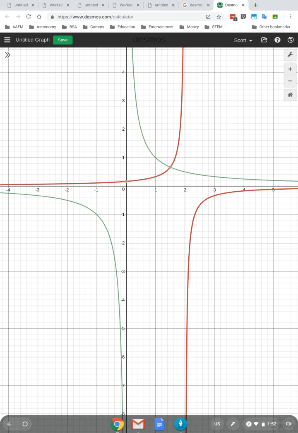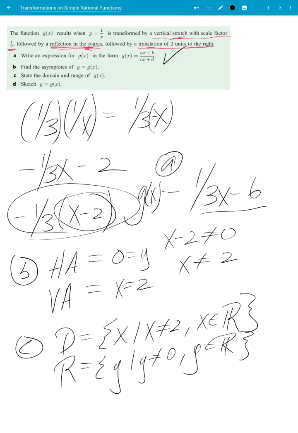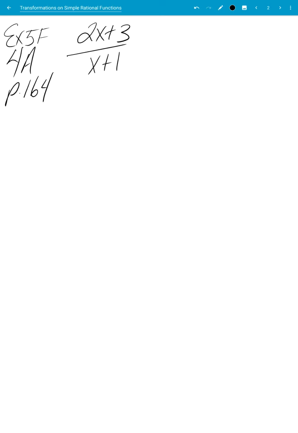And what I'd like to look at now is some of the other problems we did for homework, which are this problem in reverse. For example, let's look at problem number 4A, which was a homework problem last year.